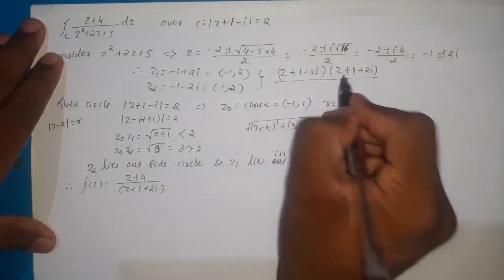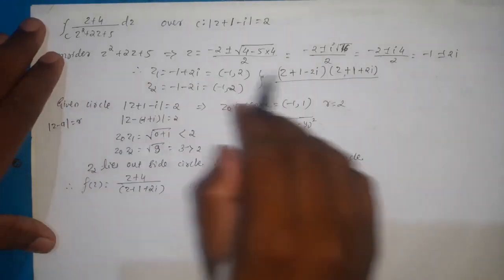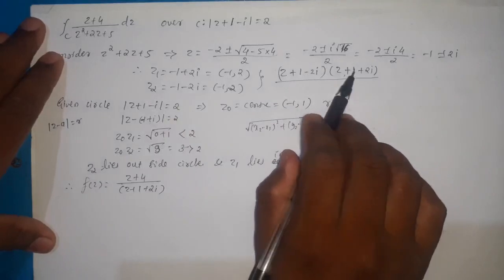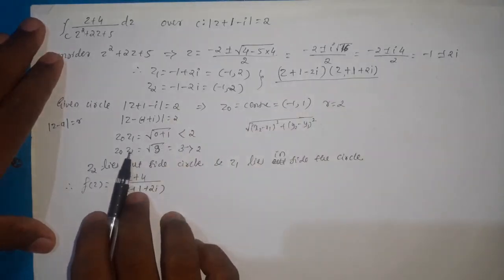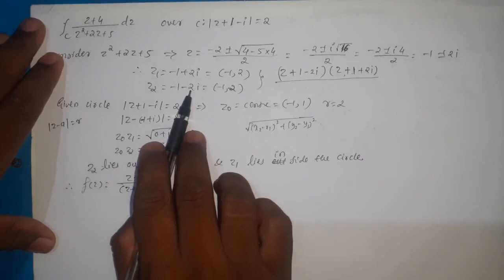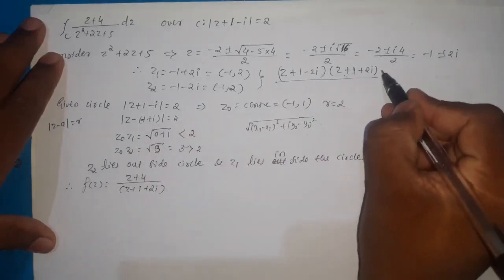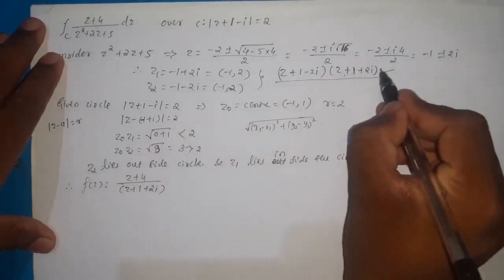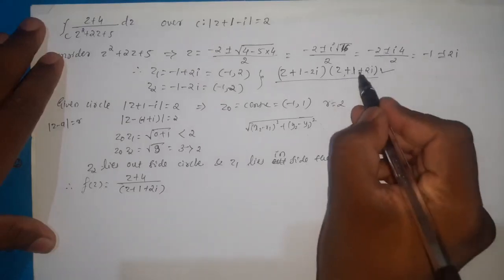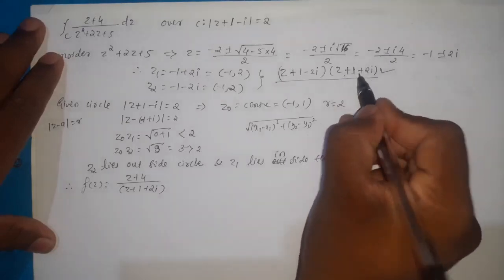These two are the factors of this quadratic equation. Among these two, z2 is equal to minus 1 minus 2i, which means this factor lies outside the circle. Then include this factor in f of z.